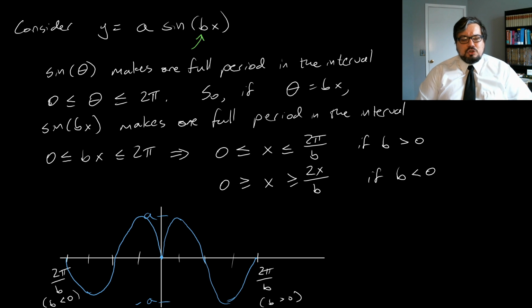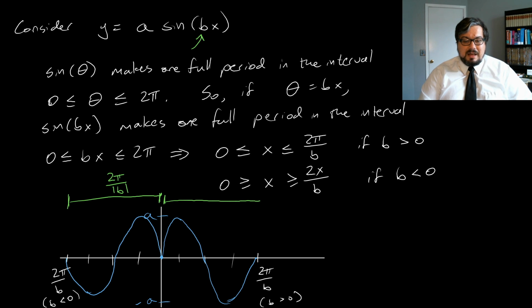So we've got these two different cases here that are reflected on each other, but the point in both cases is that the period of the resulting function is still the same. So the period over here is the total distance from 2 pi over b to 0, which is 2 pi over, well, the absolute value of b.